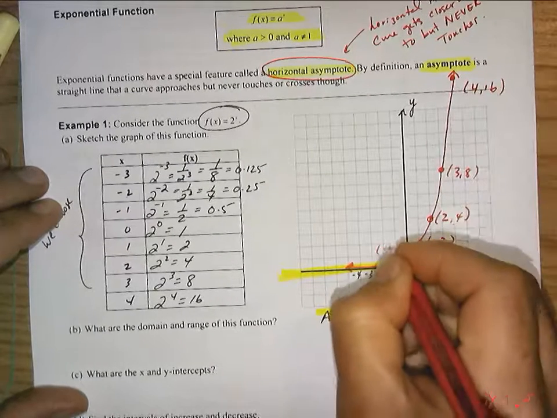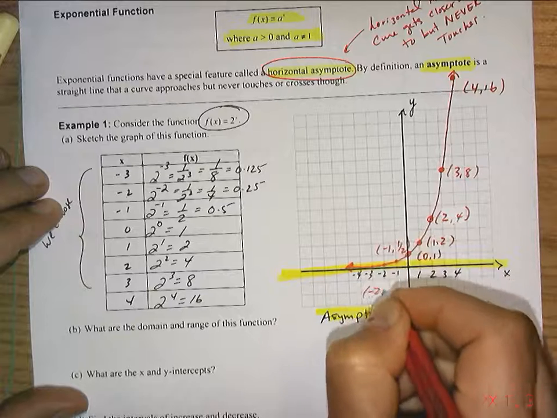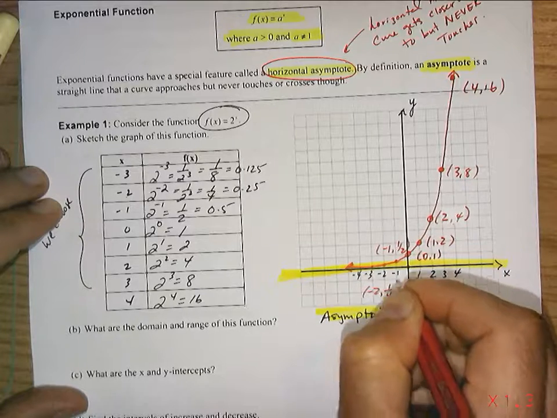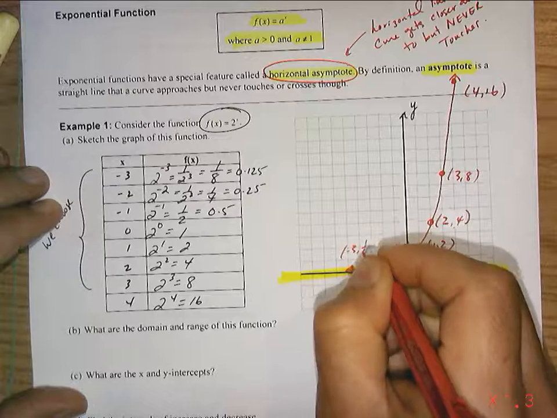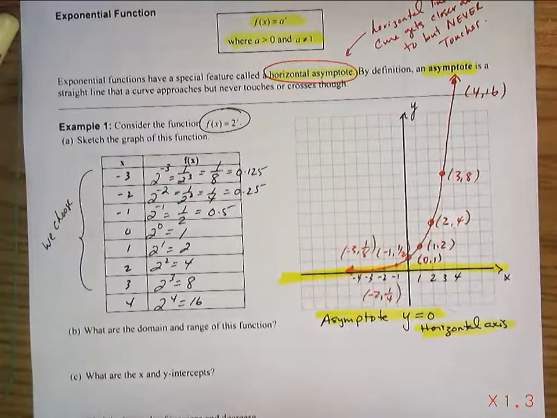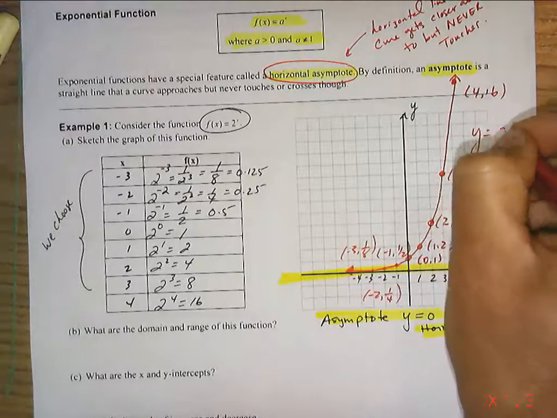Over here, it's negative 1, 1 half. It's negative 2, 1 over 4. This will be negative 3, 1 over 8, half of a quarter. That's your exponential function of y equals 2 to the x.